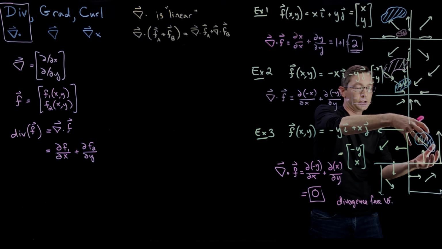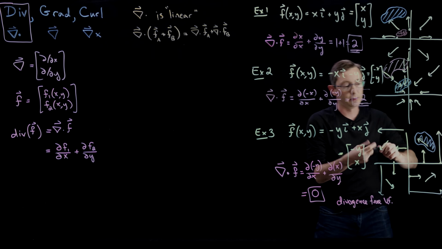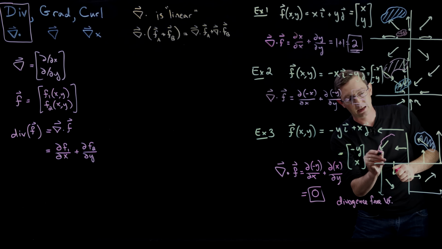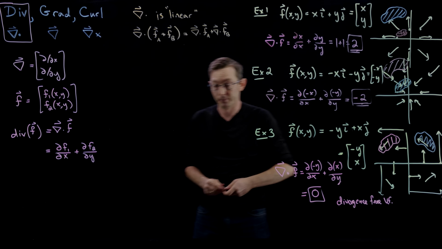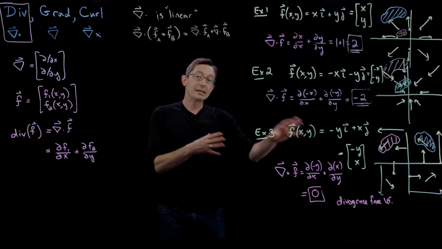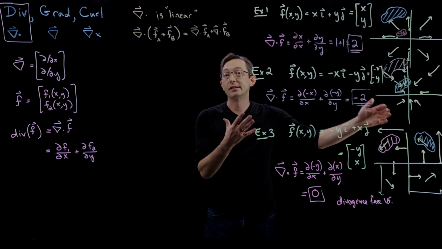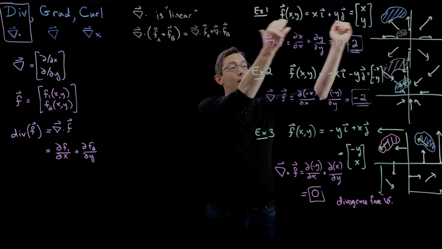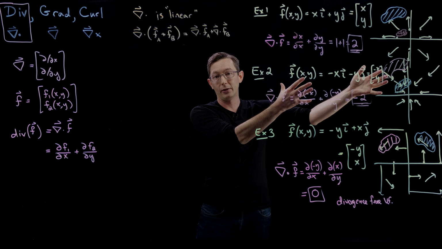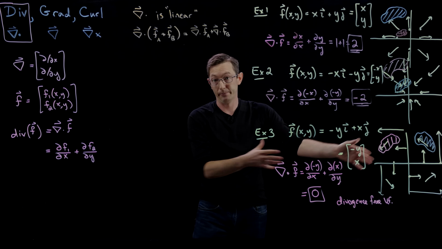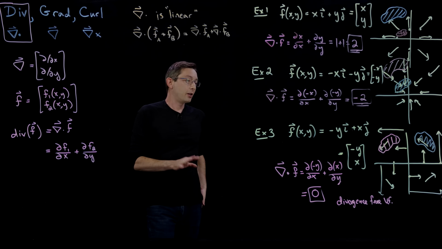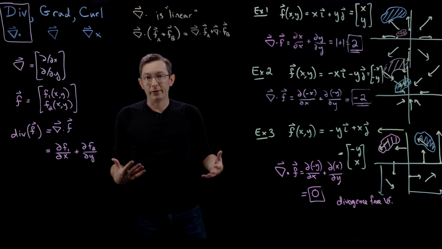This flow is literally a solid body rotation, and after some amount of time it moves that patch so it stays the same but rotates over. So this is a nice example of a divergence-free vector field. This one has positive divergence, this one has negative divergence, and this one is divergence free. Good, so those are 3 examples of the divergence.